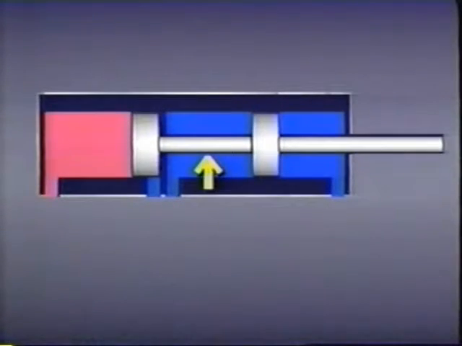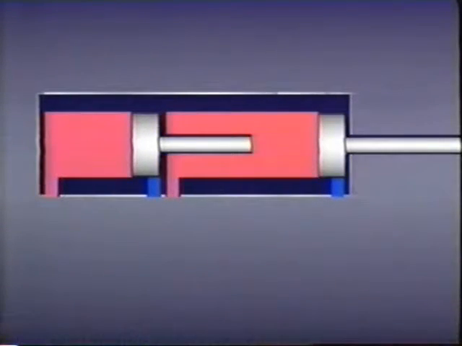Unlike tandem cylinders, where the pistons are joined to the same rod, the rods in a duplex cylinder are not connected. Each rod has a different stroke. This allows the load to be moved to several positions. For example, this duplex cylinder with strokes of 6 inches and 10 inches can move loads to one position when both pistons are at one end, to another position when the 6-inch stroke is extended, and to a third position when the 10-inch stroke is extended.